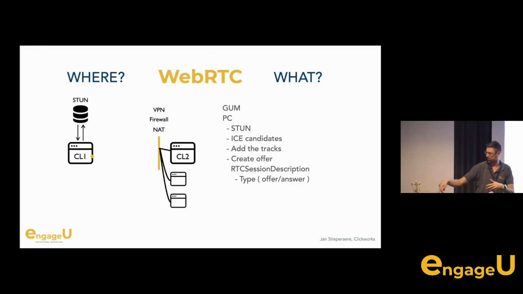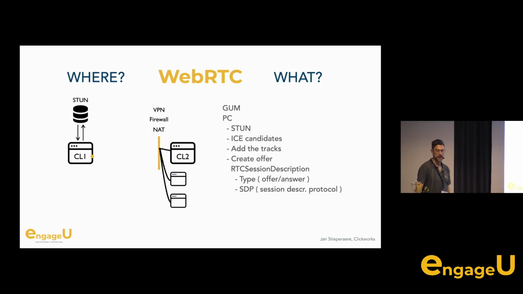It is what I did earlier. I started that session, and you already joined my session. Somebody has to start it. If you do a Teams call, you are the offerer, and the other person will do the answer. So it's a type, and there will be some session description protocol.